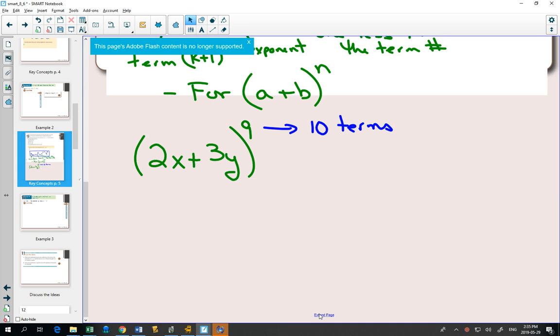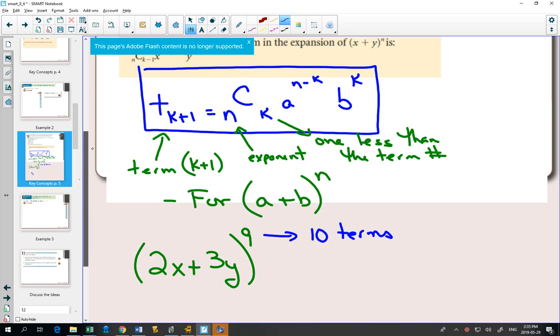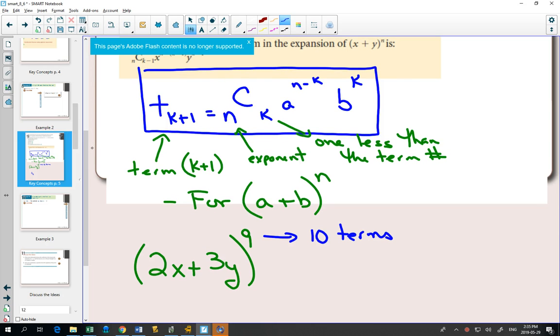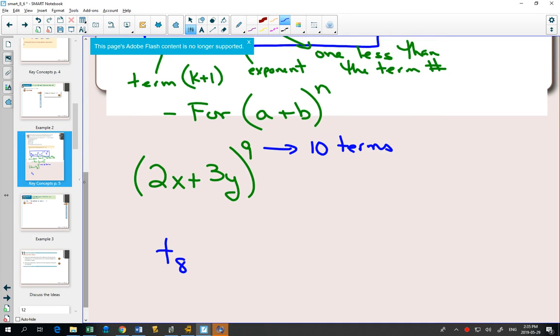All right, so now what's going to happen is they're going to ask you a specific term. So let's say they say, can you find term 8? If you were trying to find term 8, do we have enough information to put everything into the formula? What would k be? 7. It'd be 7, because if you want term 8, 7 plus 1 would be 8. N would be the exponent, so it will be 9 choose 7.